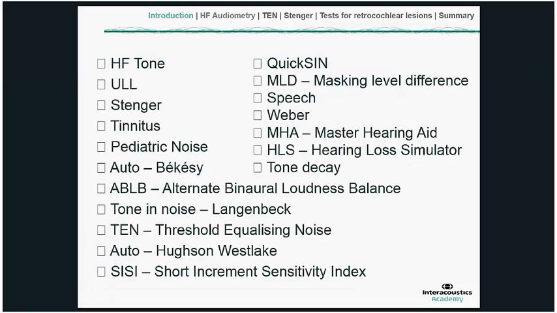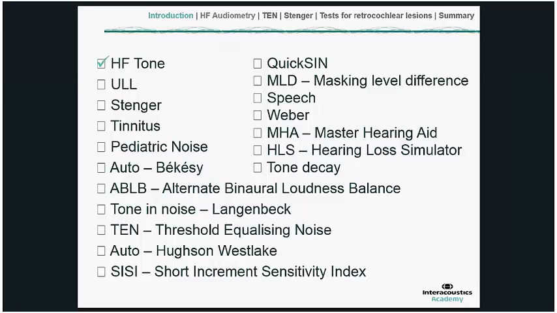Now, on this slide here, we have a list of a number of different tests that are available on Interacoustics audiometers, typically either diagnostic or clinical audiometers. Of course, it would be quite an extensive session to attempt to unpack all of these tests, and so what I've done is concentrated on a select few which are both interesting and relevant to the modern audiological clinic.